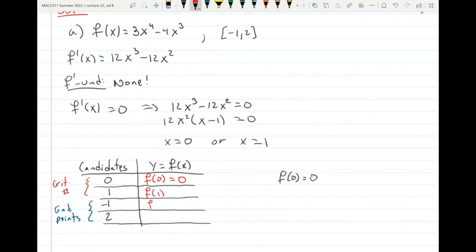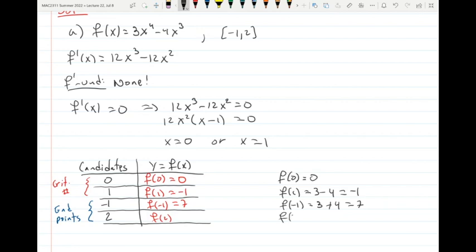Then we want to find f of 1, f of negative 1, and f of 2. What's f of 1? That's going to be 3 minus 4, so that's negative 1. Then f of negative 1 is going to be 3 plus 4, because the second term survives the negative. So that's a 7.